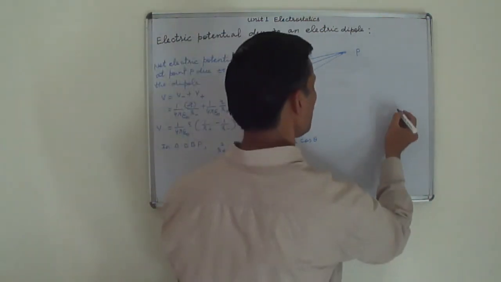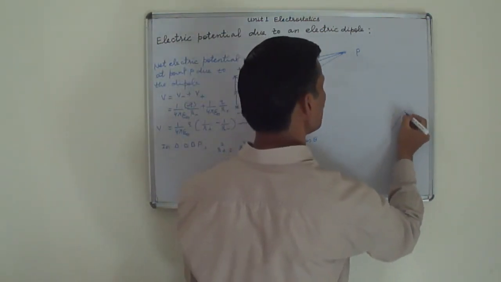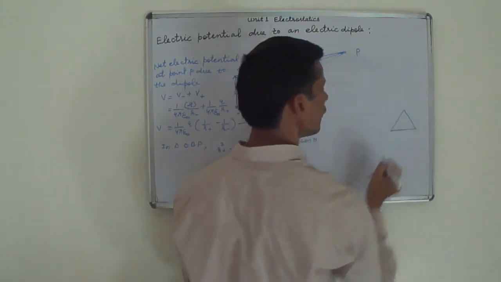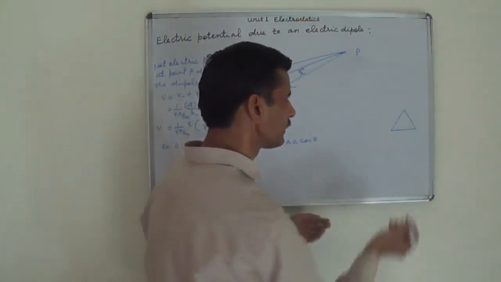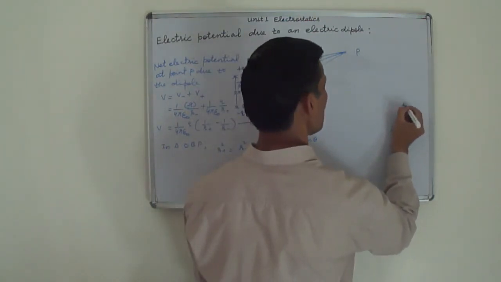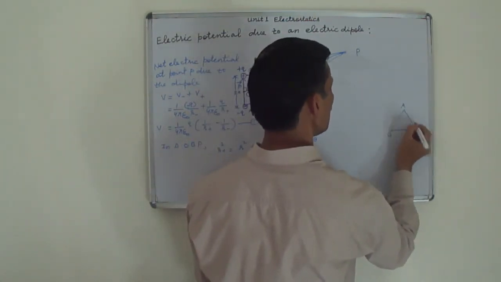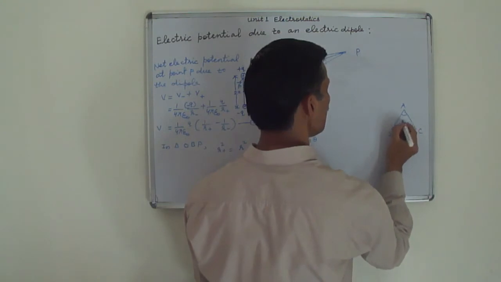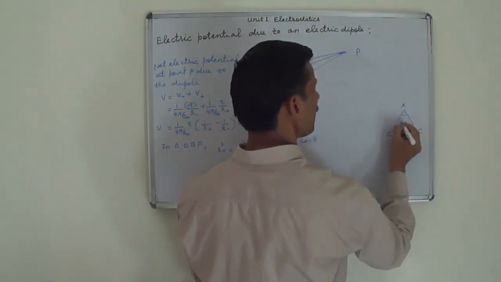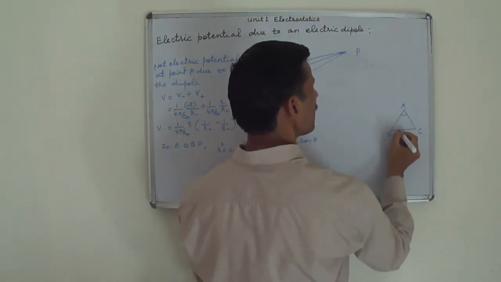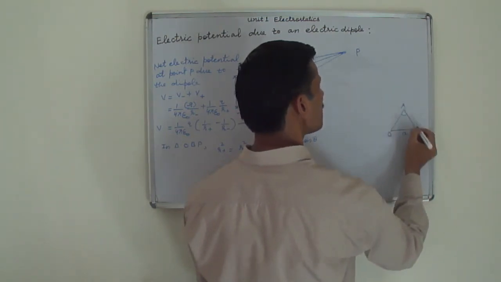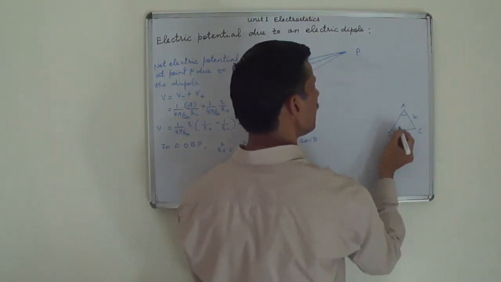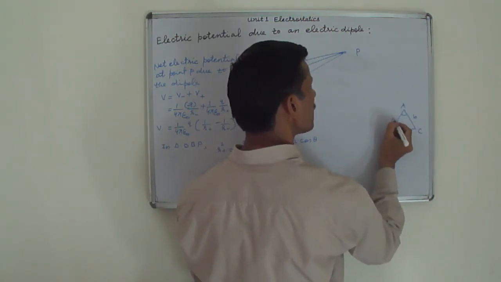You know, in a triangle, say ABC, this angle is A, and BC side, say it is equal to a, AC side, say it is equal to b, AB side it is equal to say small c.